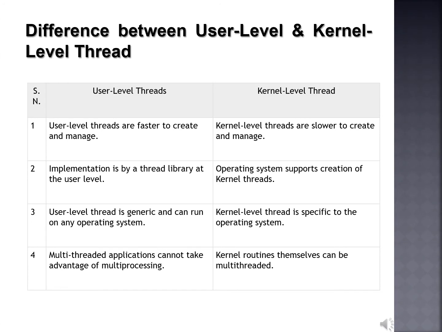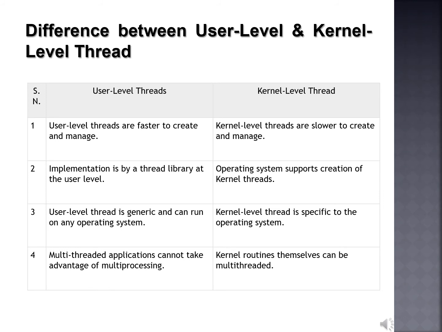The difference between user level and kernel level threads is as follows. User level threads are faster to create and manage, whereas kernel level threads are slower to create and manage. Implementation is by a thread library at the user level, whereas the operating system supports creation of kernel threads.